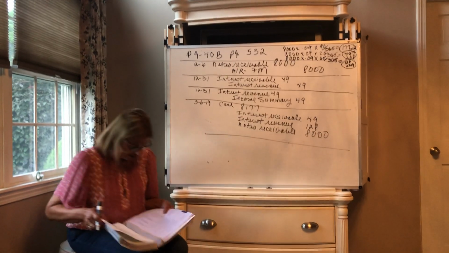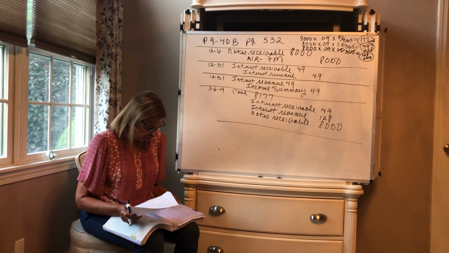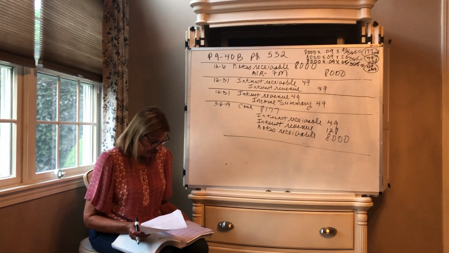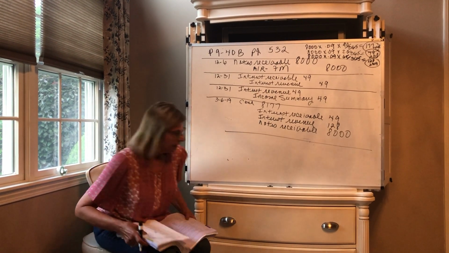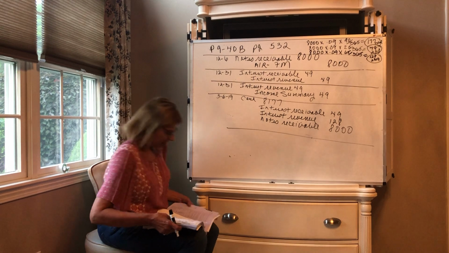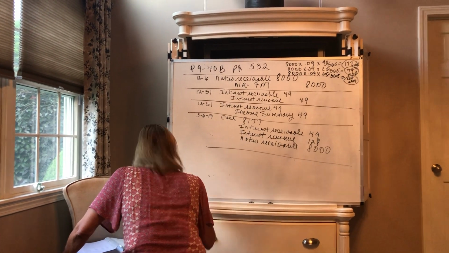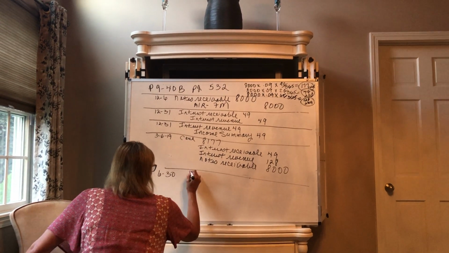I'm gonna have to erase. June 30th, we loaned $14,000 in cash to Washington Music, receiving a 6-month 12% note. Okay, I got room for that one. Okay, so June 30th, we have a note.